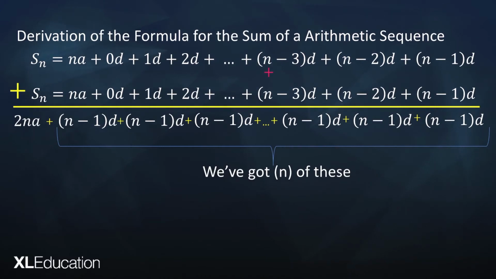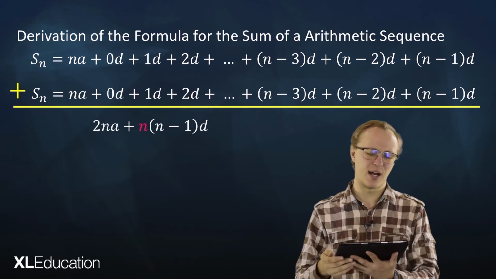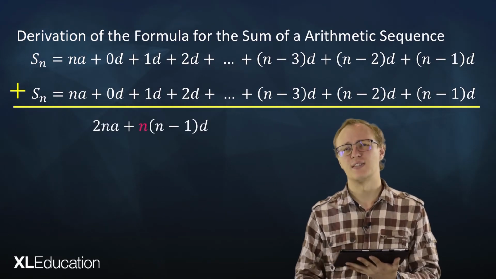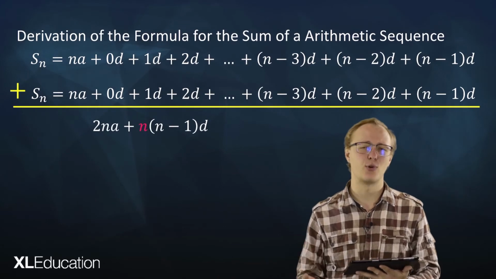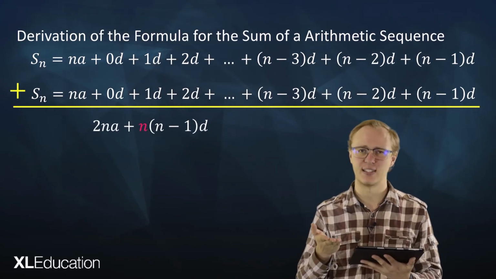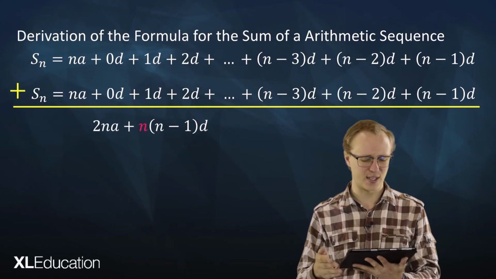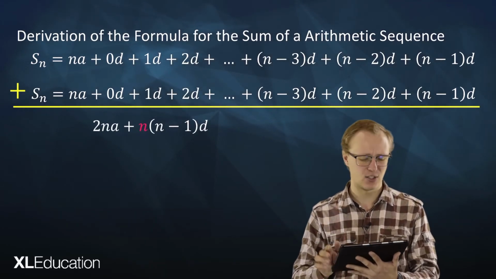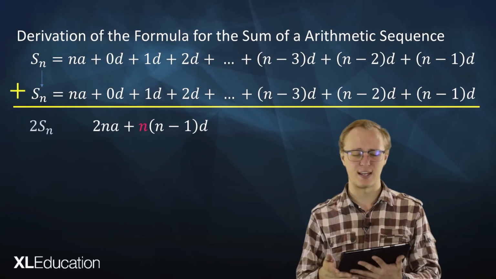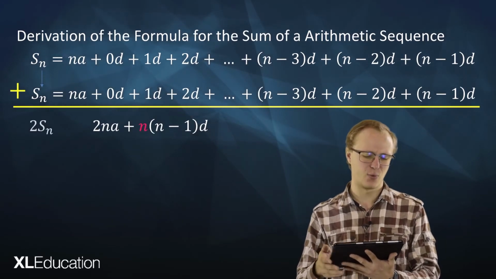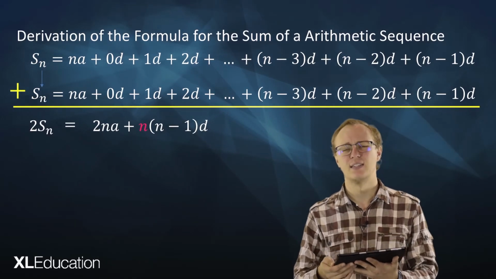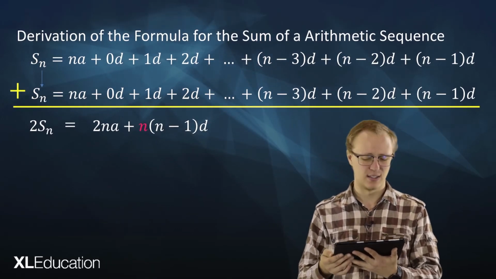So we can write that then as n times n minus 1d, same as what we did for the a's. If we had n number of a's, we can write it as na. So now we've got n times n minus 1d. And then we've just got to add up Sn to Sn, and that's 2Sn. Not too tough there. And then we find that 2Sn is equal to 2na plus n times n minus 1d.